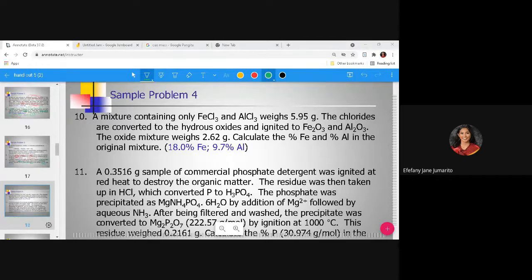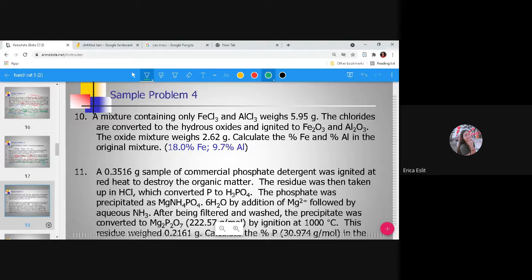All right, number 10. Erica. A mixture containing only FeCl3 and AlCl3 weighs 5.95 grams.